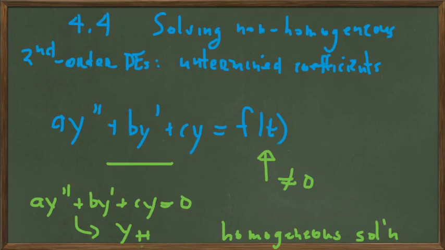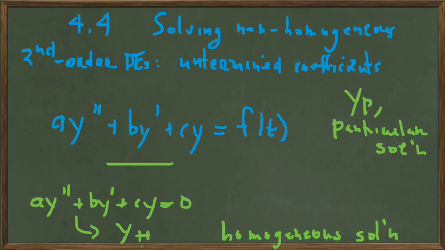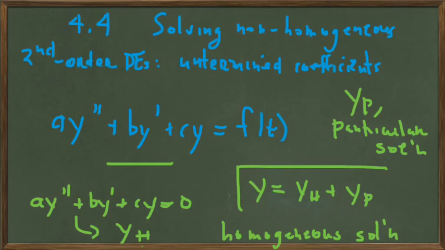And then we have to have a specific strategy for finding the y sub p, called the particular solution, that solves the non-homogeneous right-hand side, and then the full solution of the differential equation we write as the homogeneous solution plus the particular solution.